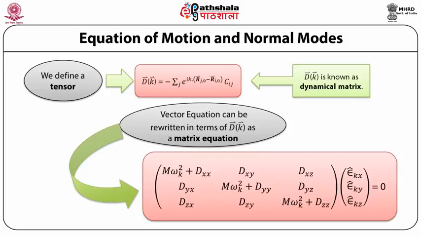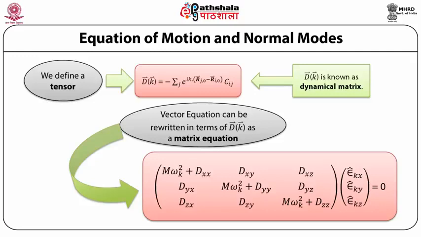So the previous equation which we had can be solved by rewriting this entire equation in terms of Dk, and once we do that, we get a matrix equation. This matrix equation is quite simple to follow. If you introduce Dk in the last equation of the previous slide, and take all the quantities to the left hand side and equate to 0, you get a matrix.